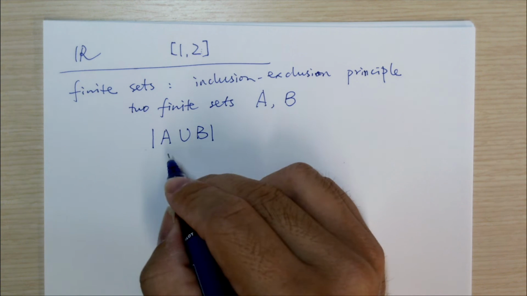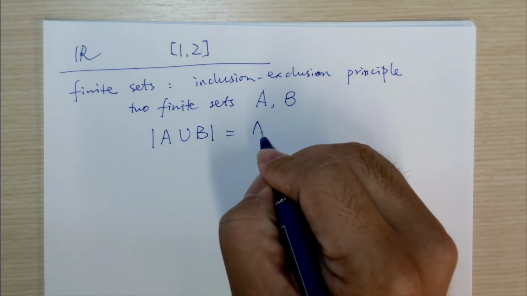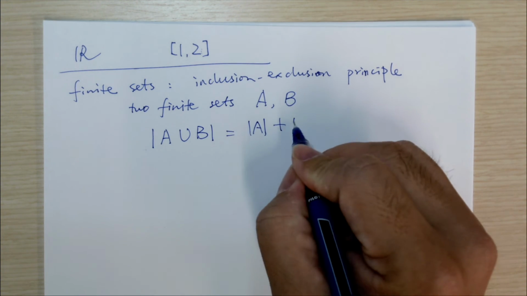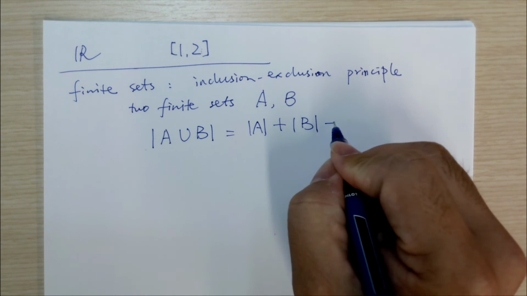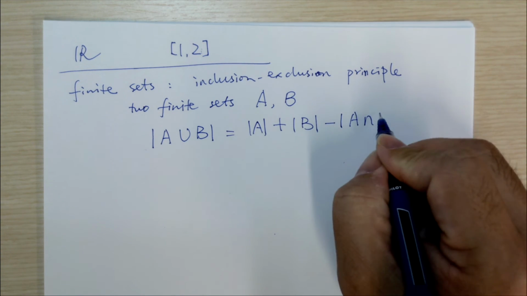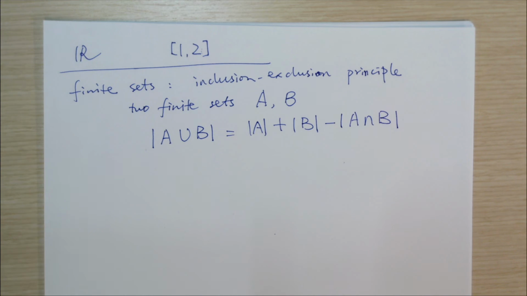the cardinality of A union B equals the cardinality of A plus the cardinality of B, subtract the cardinality of A intersect B. That's what we call the inclusion-exclusion principle.